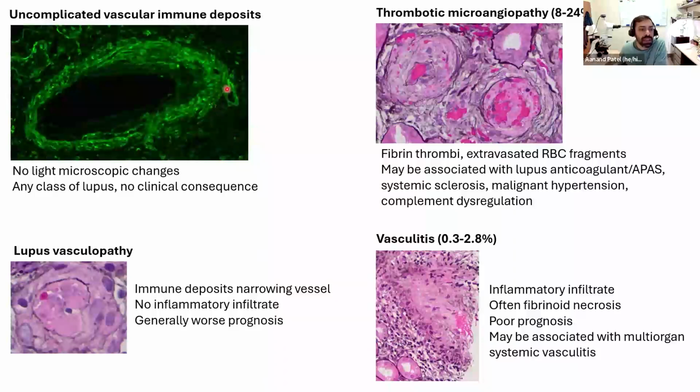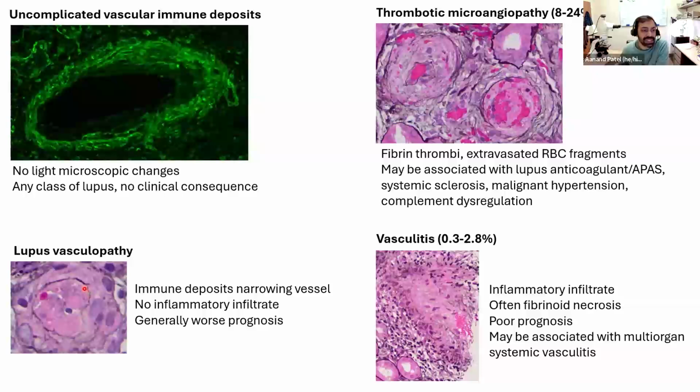I showed you a few examples of lupus vasculopathy where those deposits are really big and chunky, and they're prominent by light microscopy and narrow or often occlude the vessel. There might be some fibrin mixed in with these deposits that's difficult to see, and the intima and the media is kind of dead or replaced here by all these deposits.